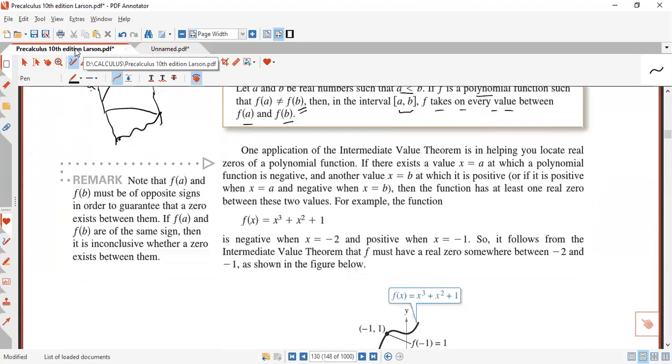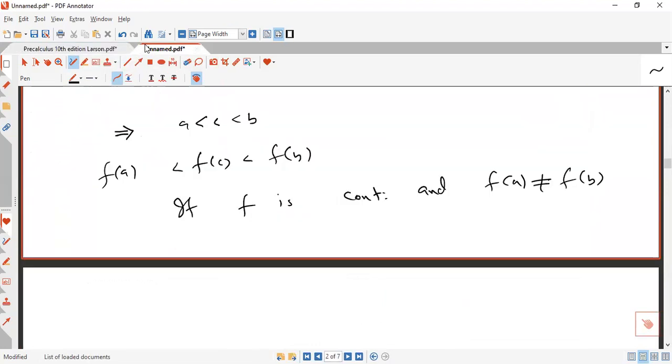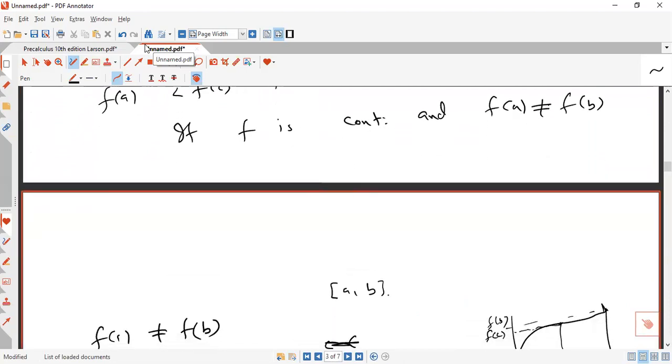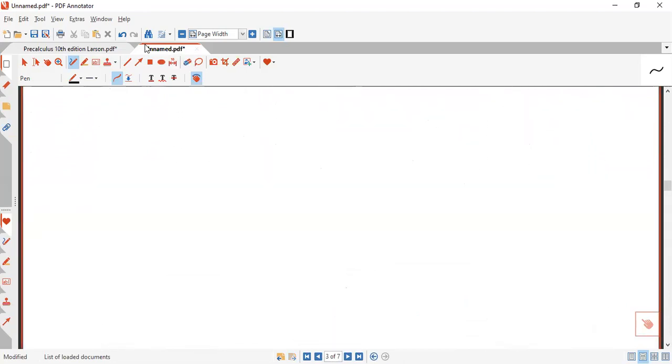Because, as I already told you, for example, we have a graph. Let's suppose I am giving you an example of a continuous graph. Let's suppose here is our a, here is our b, clear, and the graph is continuous.